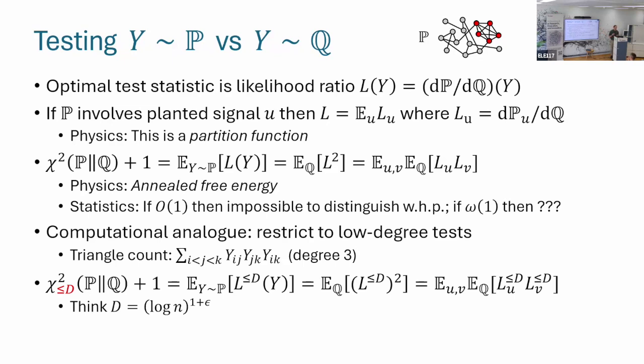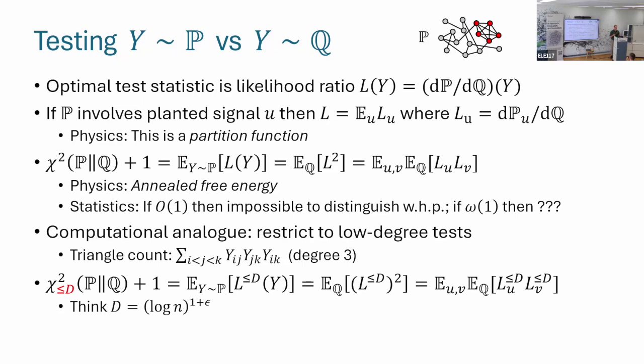Okay, and we tend to think of D as being something like log n or slightly bigger than log n. Because the heuristic we like to use is that if logarithmic degree polynomials fail to solve a testing problem, then we call this hard. The reason being that a lot of our best known algorithms turn out to be captured by logarithmic degree polynomials.